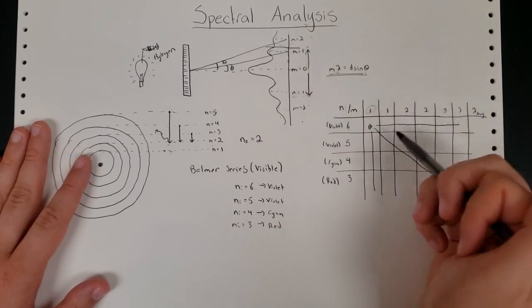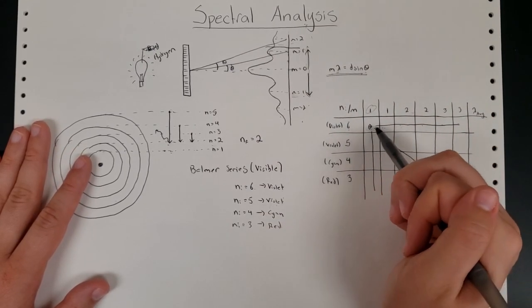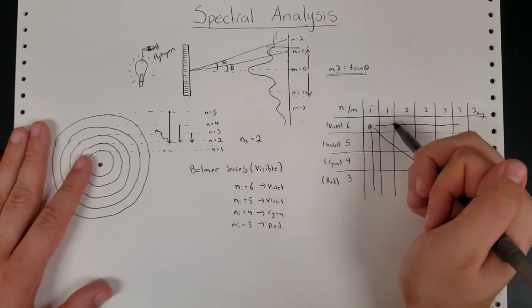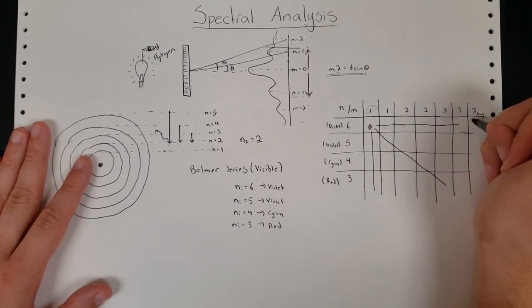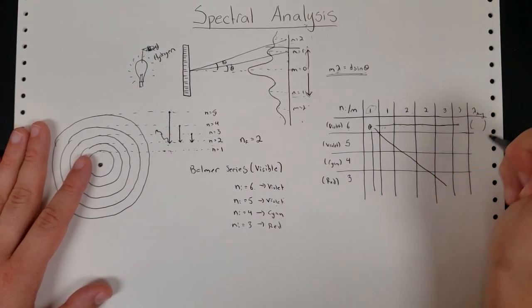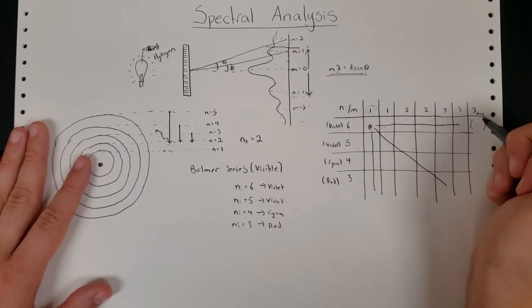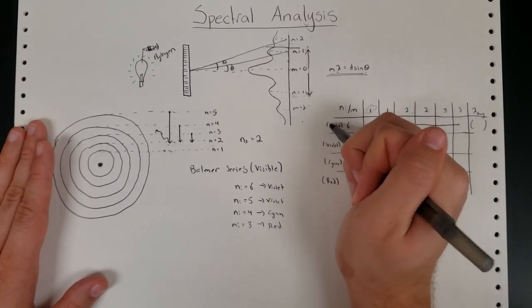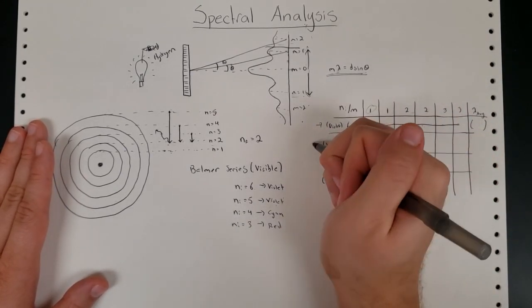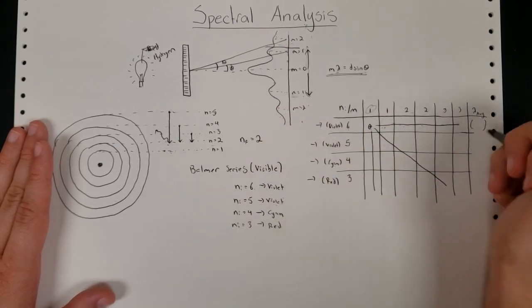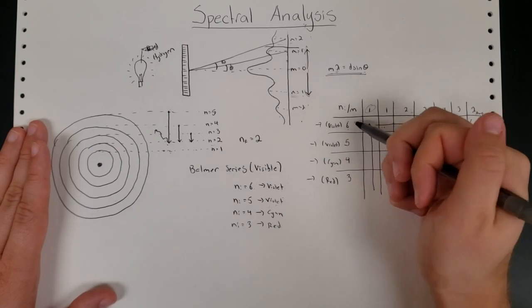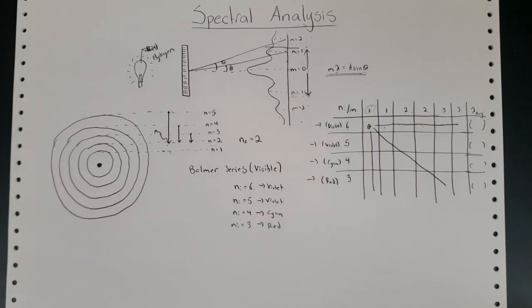Then we'll be able to calculate lambda for all of these positions in this table, and then we can average the lambdas in this column over here for violet. So we'll get an average or experimental value for the wavelength that corresponds to this energy level. And we'll do the same thing for each of these, so we'll end up getting 4 average values for the wavelength that correspond to these 4 different initial energy values.